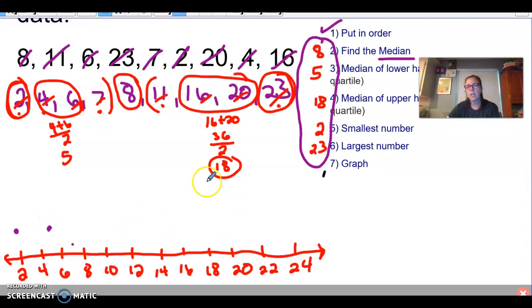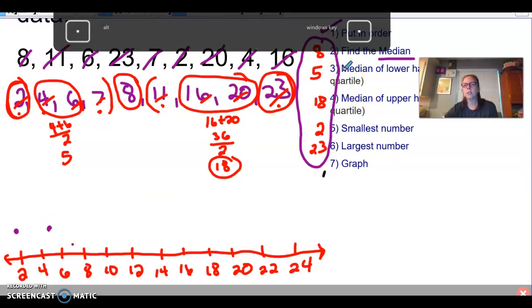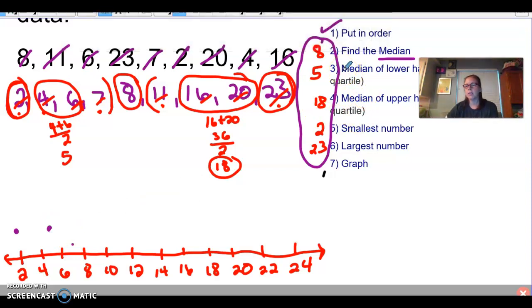Ignore that little dot. My daughter pushed the button on there. Then we have 8, so we're going to put it right above 8, and then we have 18, and then we have 23, so halfway between 22 and 24.